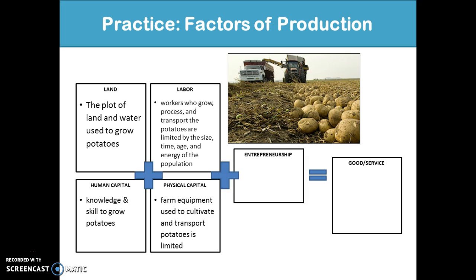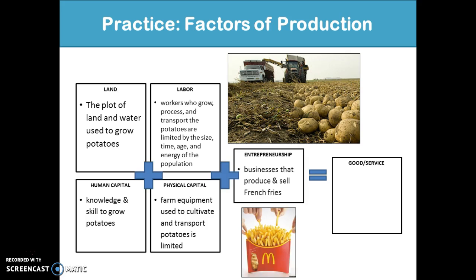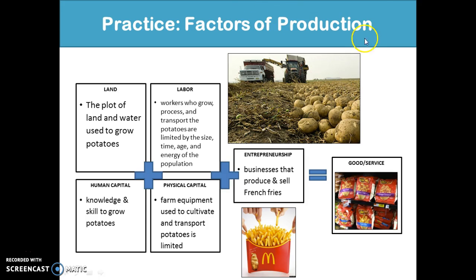Entrepreneurship would be any company that makes French fries, so it could be a place like McDonald's, or it could be something like this that you see in the store, the Ore-Ida potatoes that people can buy and just throw in the oven for a few minutes, and then they've got homemade French fries.